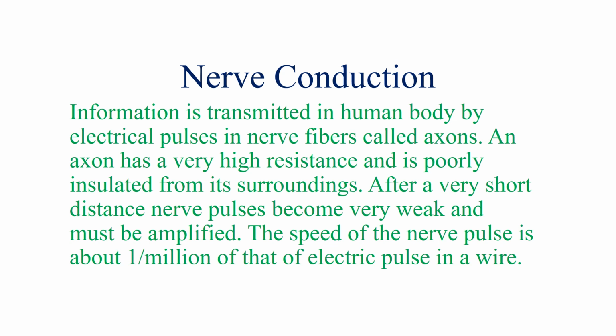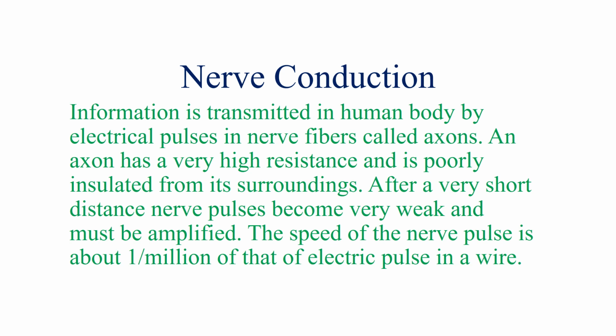Because most of these nerve pulses leak out through the membrane to the surrounding interstitial fluid, and then they must be amplified. We will talk about this later on when we talk about the two types of the axon.